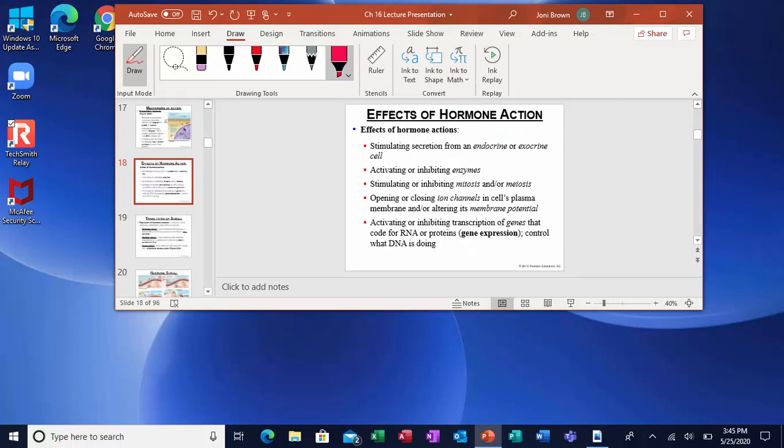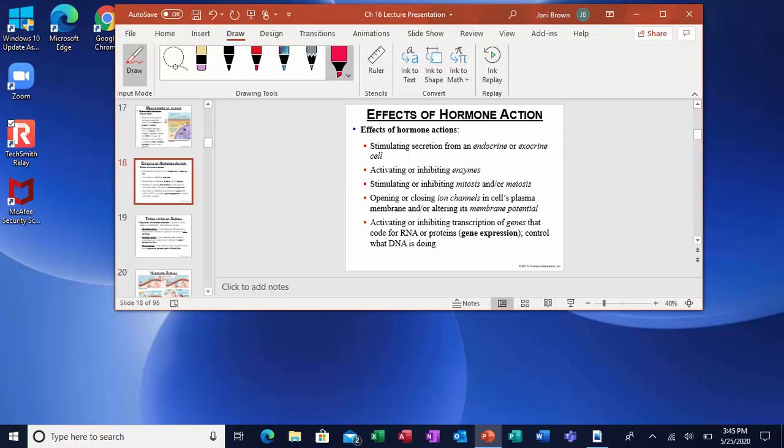Now, what do hormones do? What are some of the effects? They can stimulate secretion from an endocrine or an exocrine cell. They can activate or inhibit enzymes, stimulate or inhibit mitosis and or meiosis.